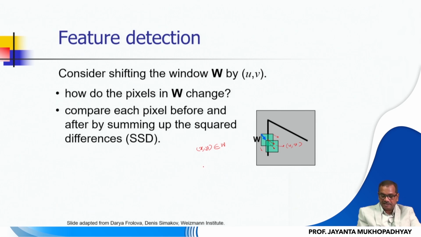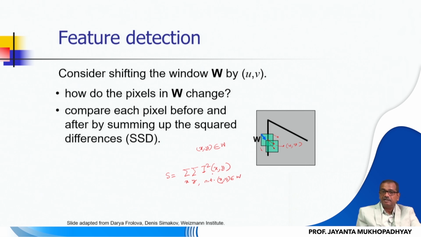If I consider the sum of squares, I will simply take the square of that pixel and consider all x and y such that x and y is an element of w. That is the sum of squares here. Let me write it as w.